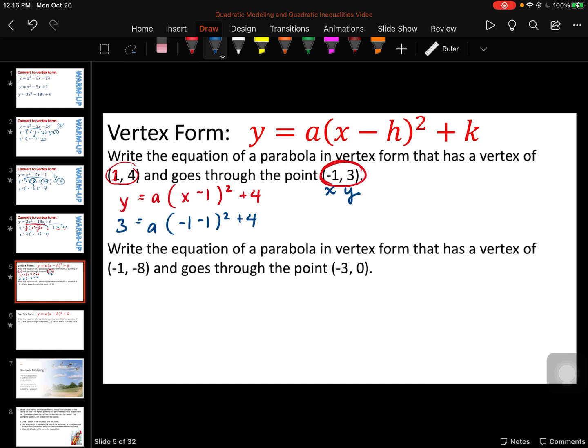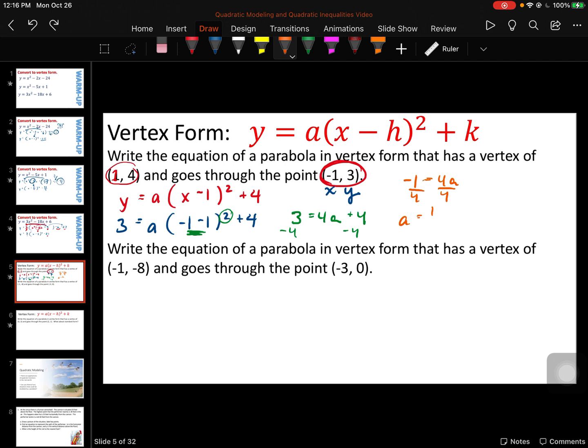So when you solve this out, I have -1 minus 1, which is -2. -2 squared gives me 4. So now I have 3 equals 4a plus 4, because remember, -2 squared is 4. We subtract 4 from both sides. We get -1 equals 4a, divide by 4 on both sides, and you get a is equal to -1/4.